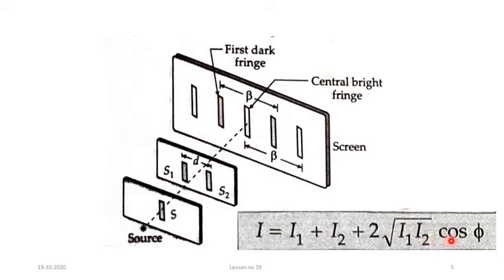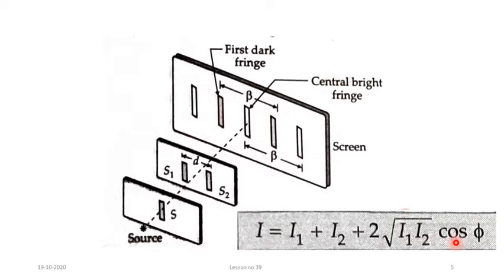Now in our incoherent case, if cos phi, or my phase difference phi, is not constant and it is continuously changing, then the average value of cos phi equals 0. Now why this is 0, you will study it in your maths class. For now you can understand it like this: if this phi is continuously changing, the average value is 0.